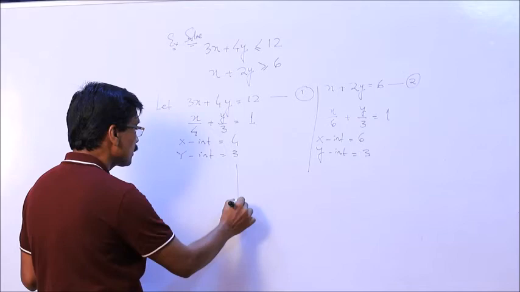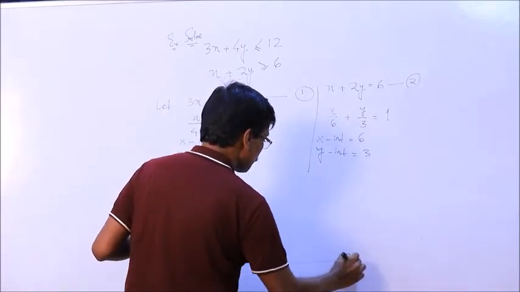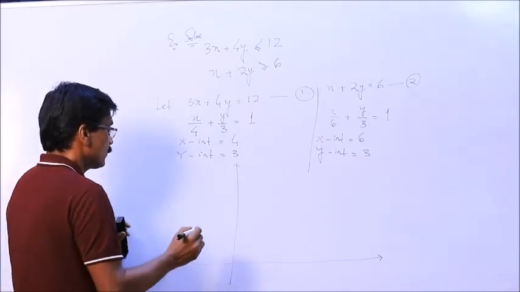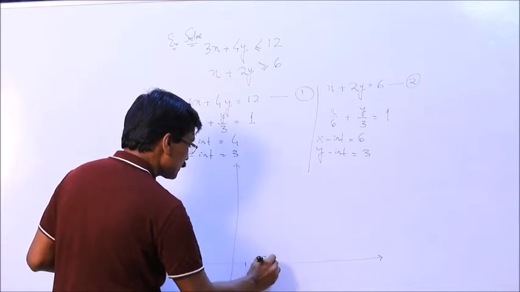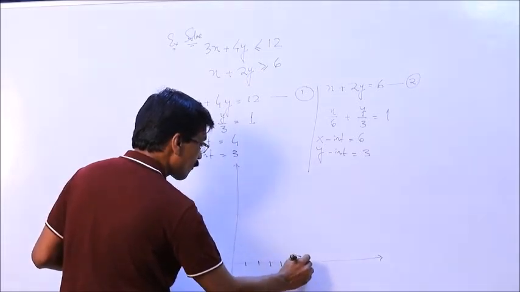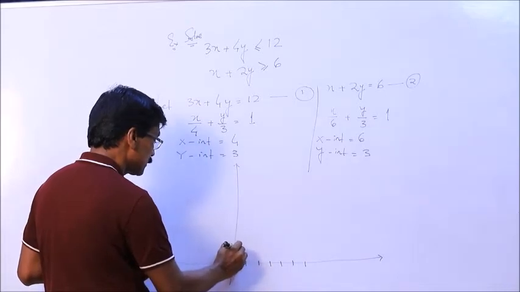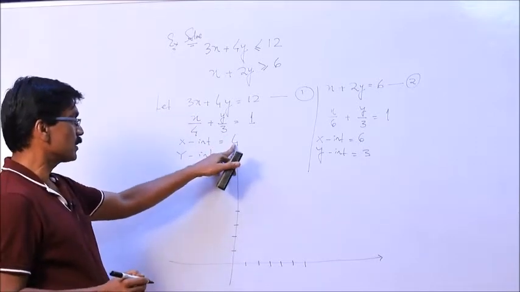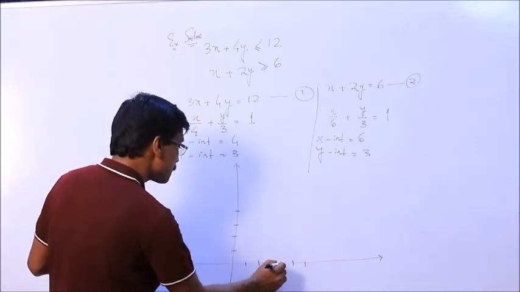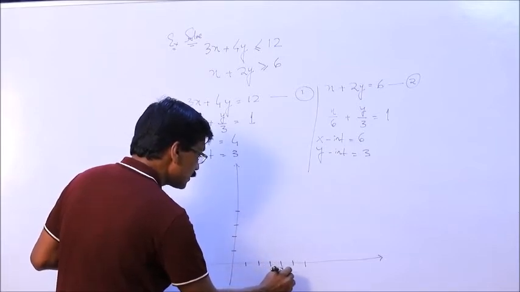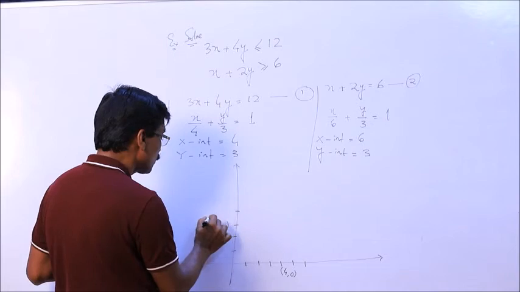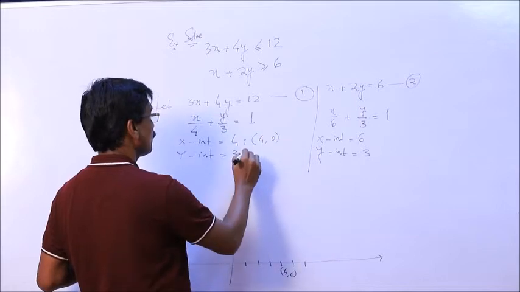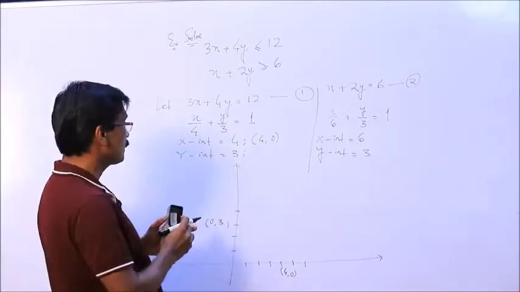Now, we can plot these two equations. The first one has x intercept 4 and y intercept 3, so the points are (4, 0) and (0, 3).